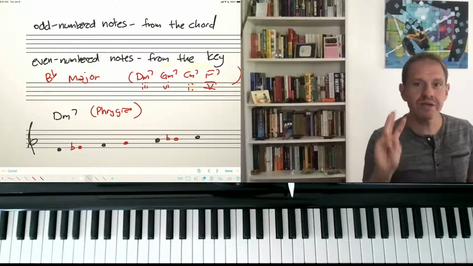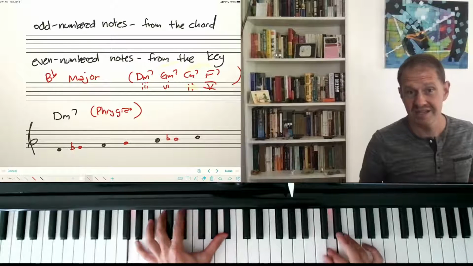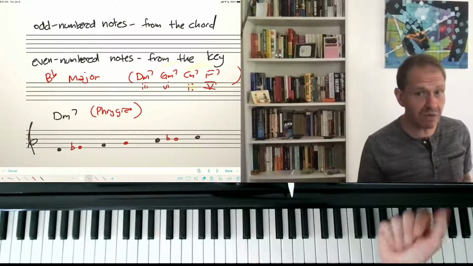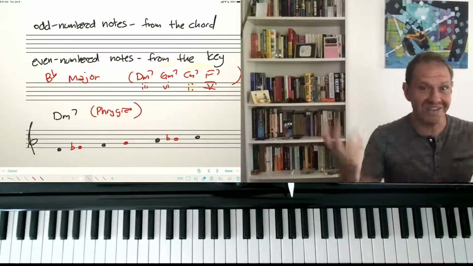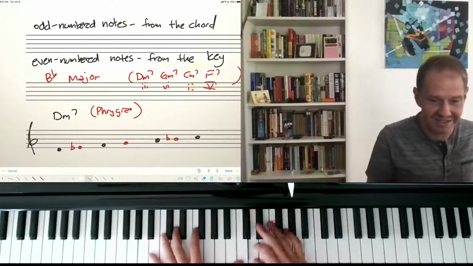So here we have 3 minor chords. And they're each actually going to have a slightly different mode. But they're actually all going to use the same major scale. They're all using the B flat major scale.